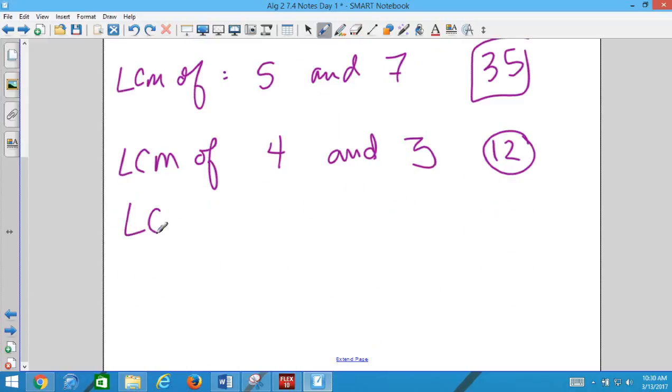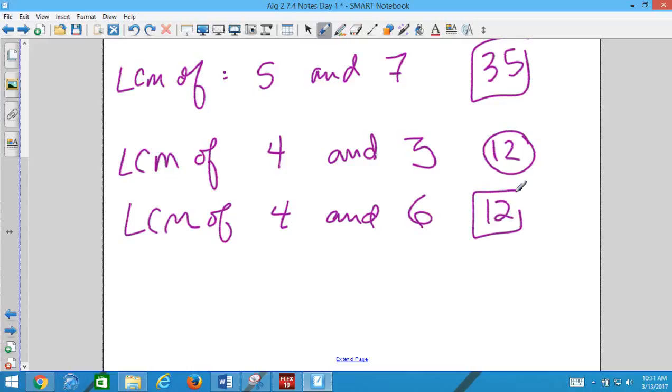How about the LCM of 4 and 6? 24. No. 12. Come on. So if you start thinking about your multiples of 4, you've got 4, 8, 12. 6 is 6, 12, 18. 12 is the lowest common multiple.